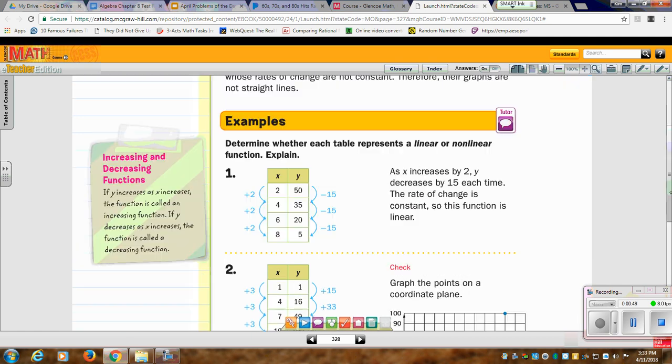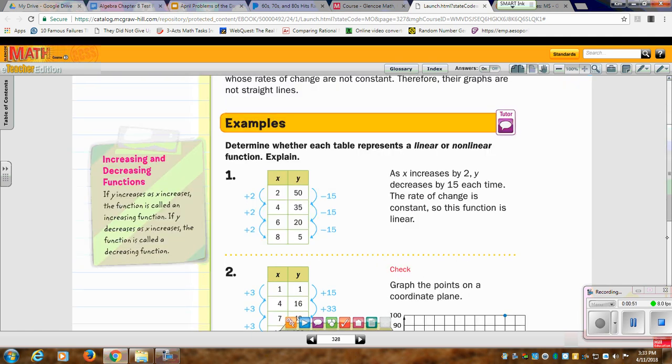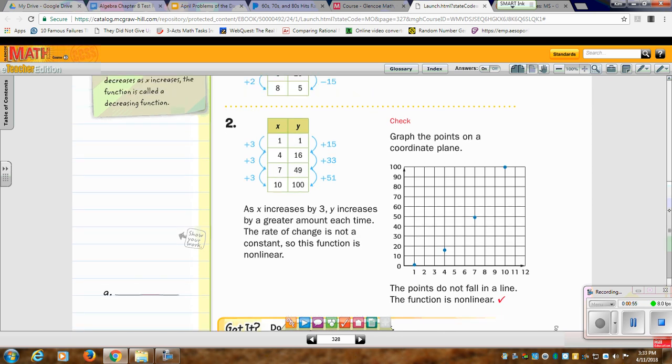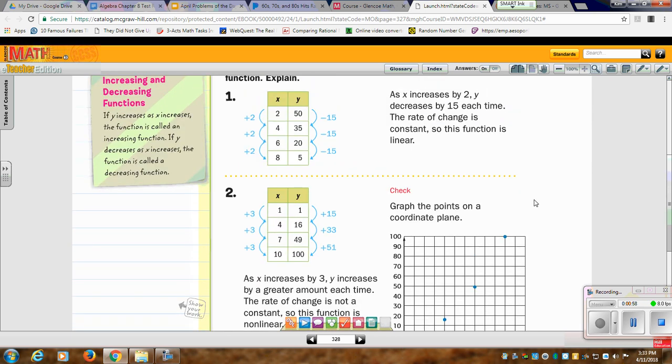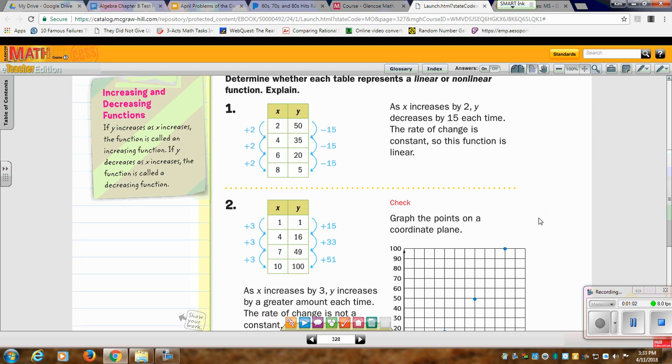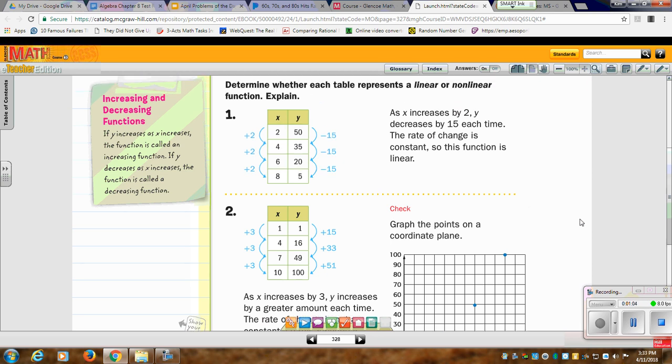So I want to go ahead and look at example 1 and 2 together at the same time. It's asking us to see if these tables show a linear relationship or a nonlinear relationship. I want to point out that on this side it's decreasing by 15, and this side is increasing by 2.